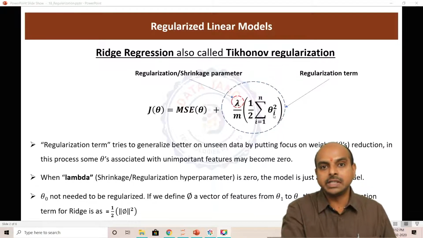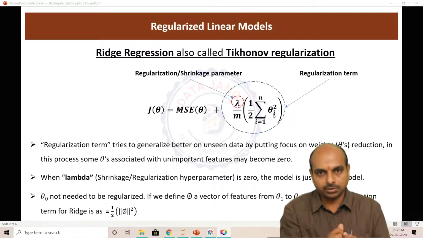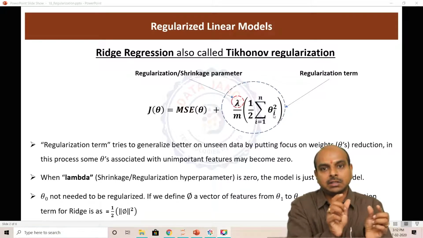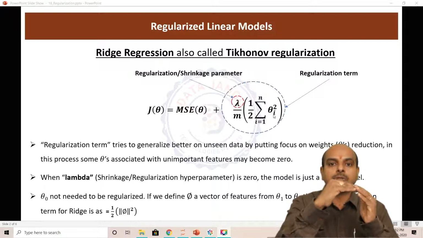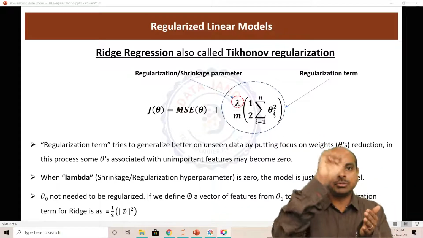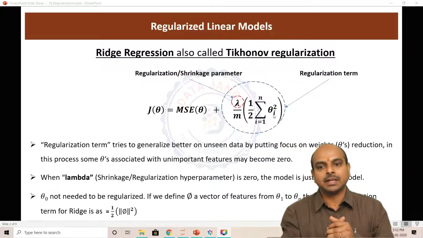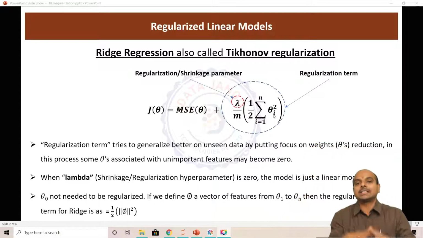When it reduces thetas, the coefficients associated with the features will reduce. When the coefficients associated with features reduce, the curve becomes a little smoother. If the curve is like that, when you reduce the thetas, it will become smoother. So that way, the model will actually become a little less complex.